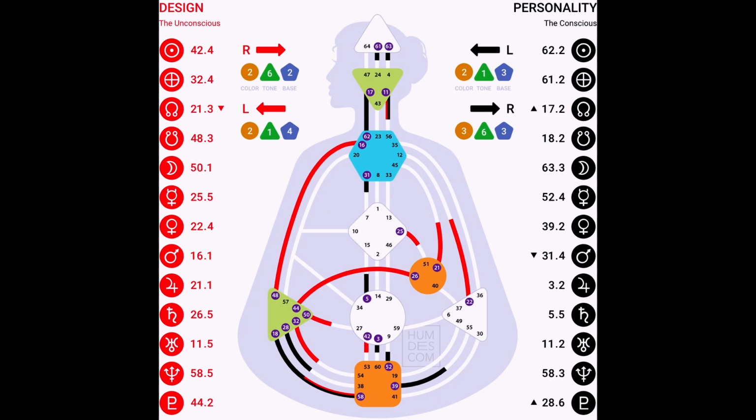I do not have emotional authority because my emotion center, which is the triangle opposing the spleen over here on the right-hand side, is not colored in, it's white. And so that means that my emotional center is not defined. Therefore, it's not correct for me to make decisions based on my emotional wave of experiencing things.